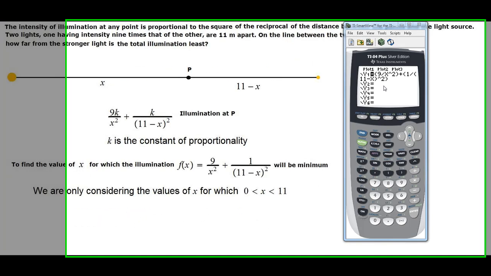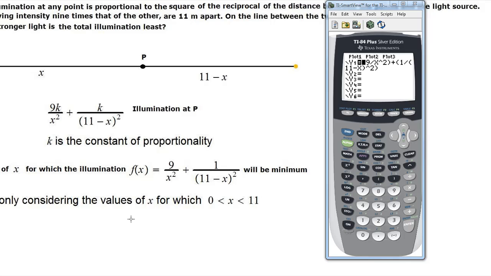We can use our graphing calculator to verify our answer. So we will enter the expression here, and then ask it to find the minimum.